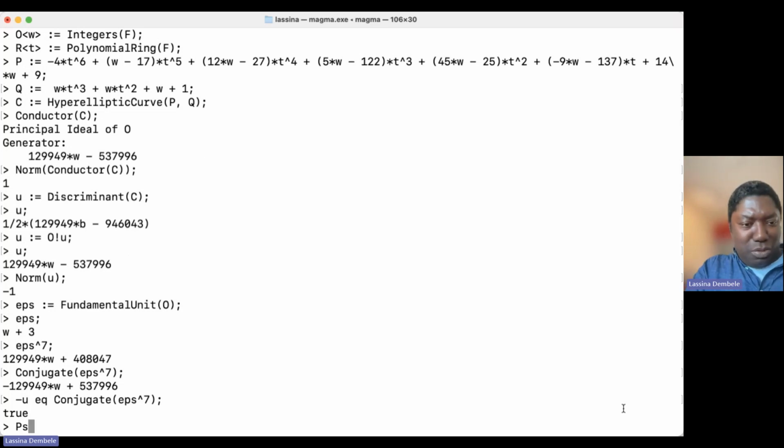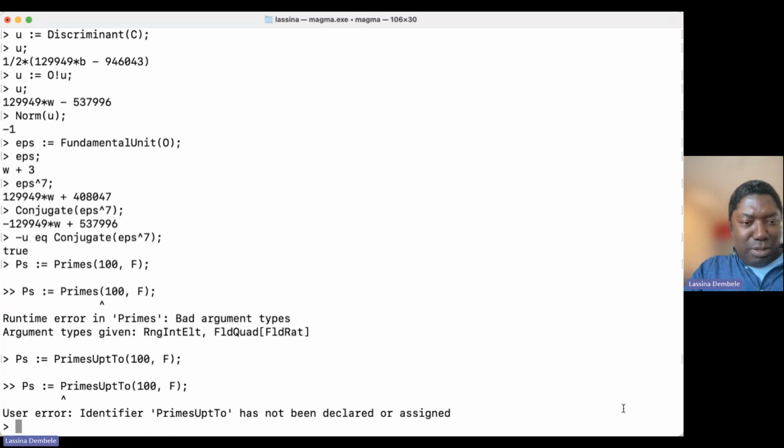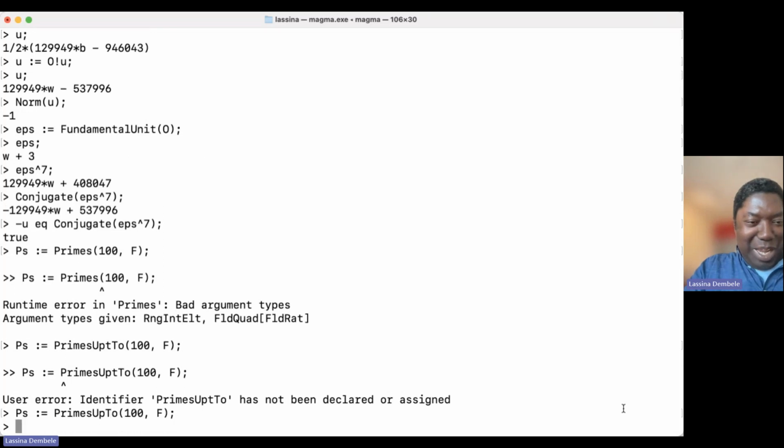Because, as I said, I want to show you that you can actually play around with this object. So I'm going to start by creating a list of primes. Okay, that's the danger of live demos, typing too fast.